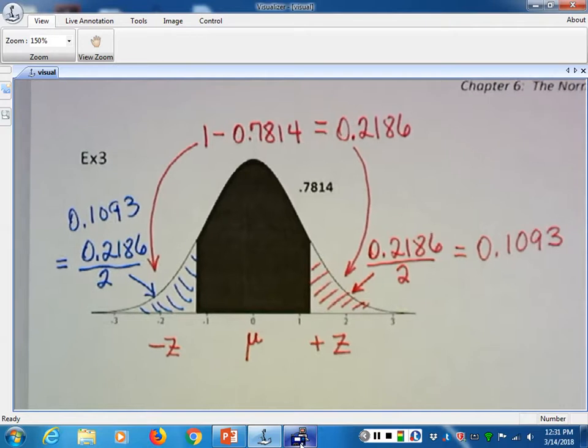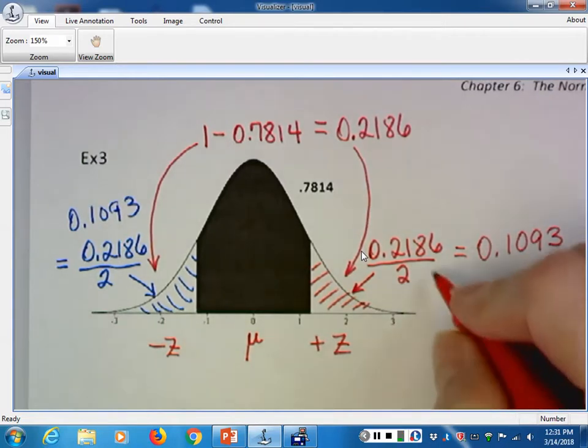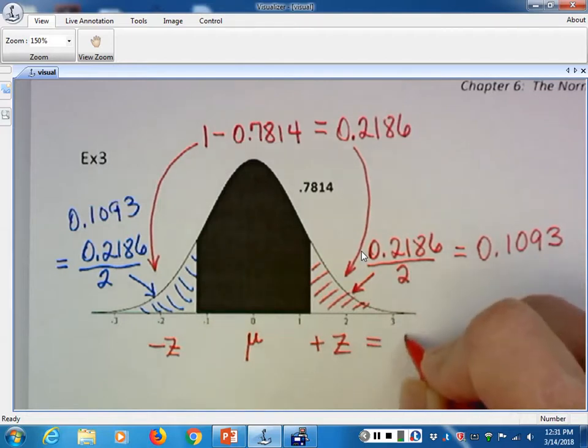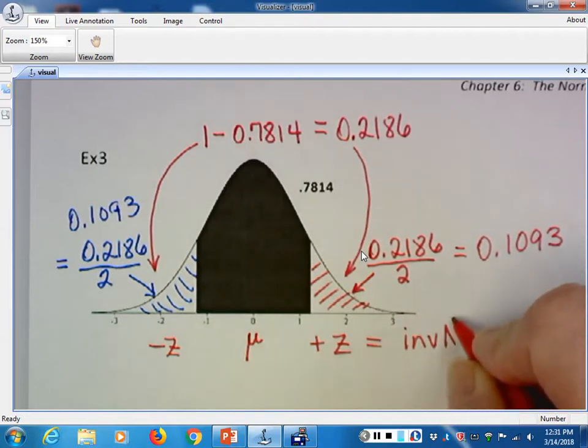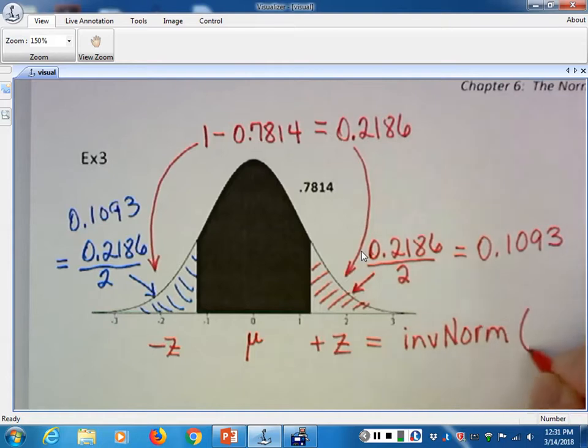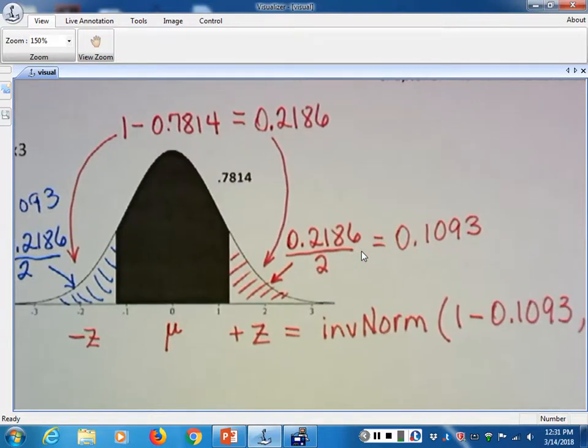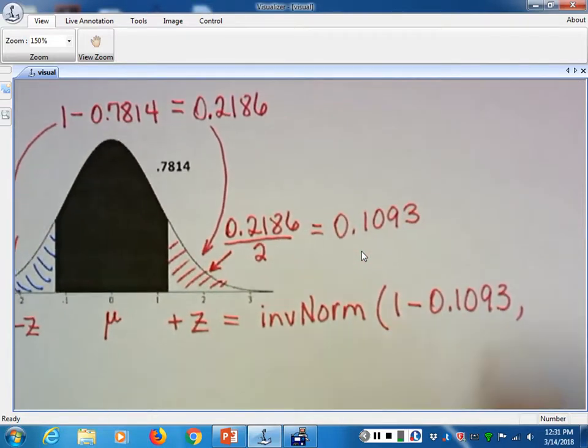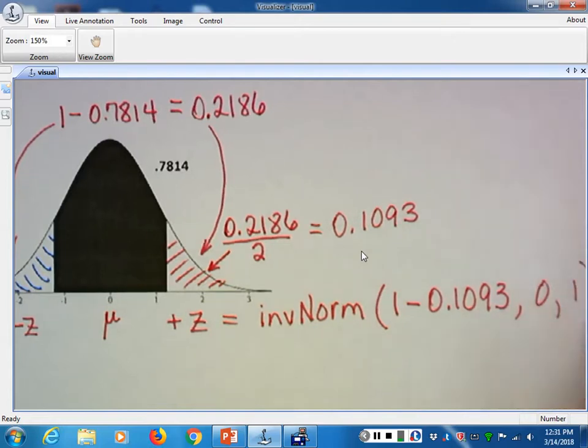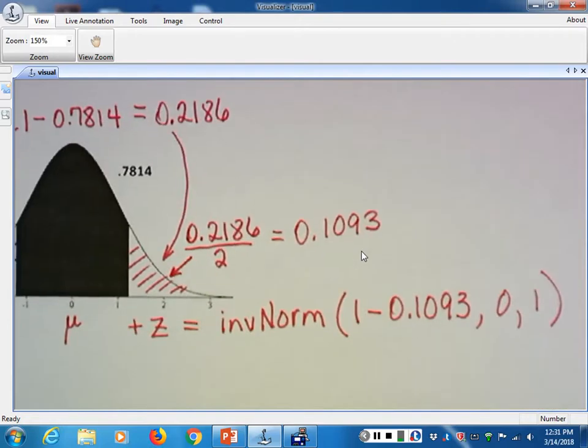Now, if I want to find this z-score, knowing this doesn't do me a bit of good unless I subtract it from 1. So that's the command I'm going to use to find that positive z-score.